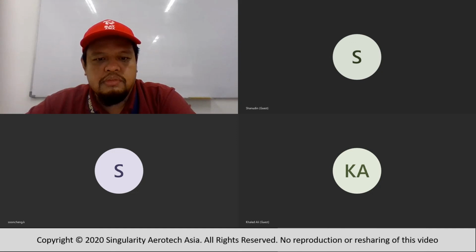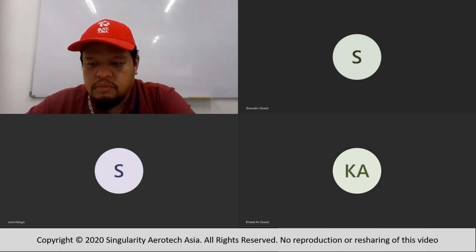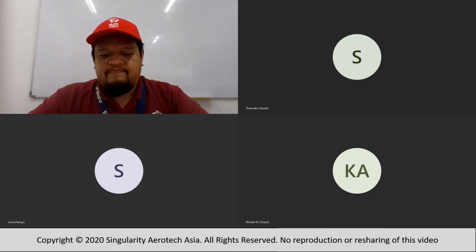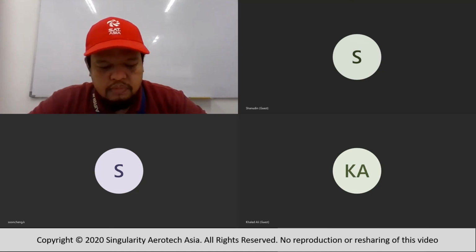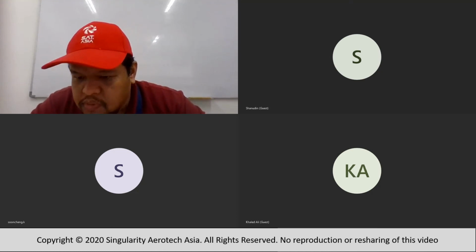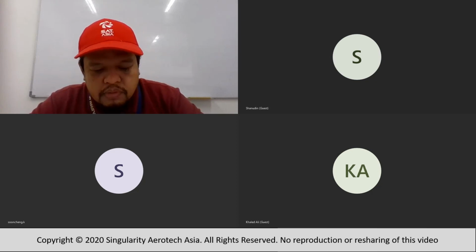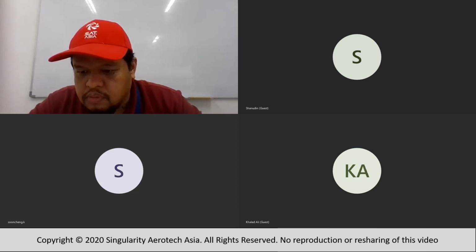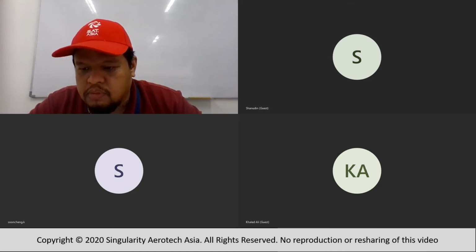Like for a vegetable plantation, we can identify which vegetables are healthy or not healthy by using multispectral imaging. But again, when you put it into business practice, it is not worth it for farmers to subscribe to drone plant health monitoring, because for one bunch of vegetables you can maybe only get less than 50 cents.